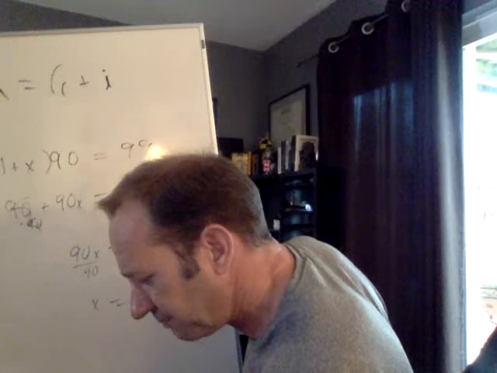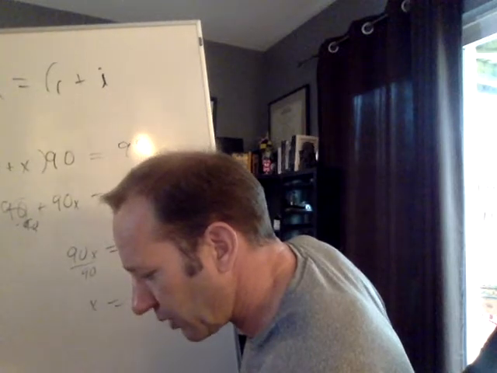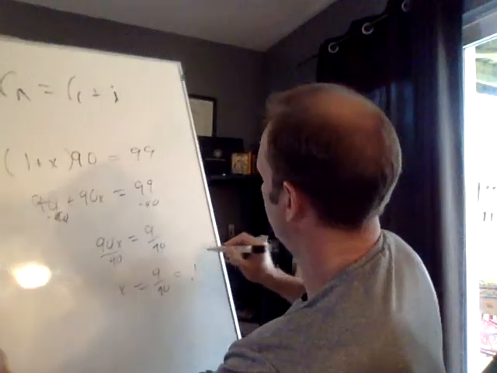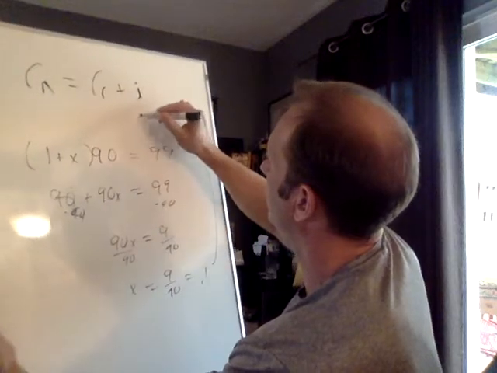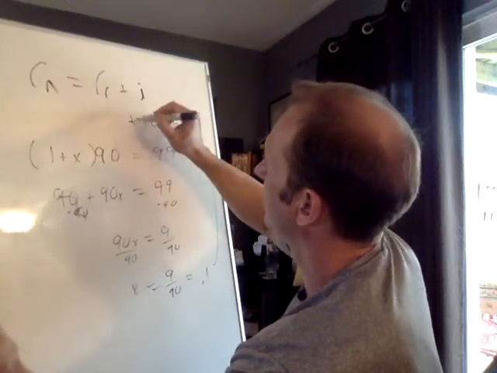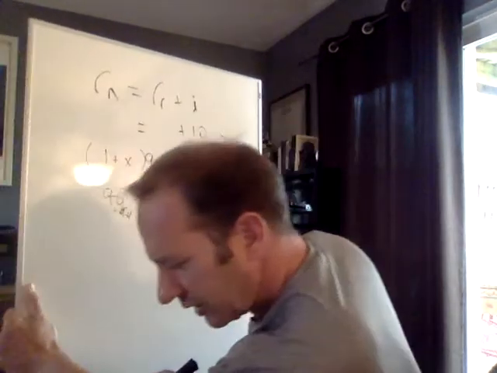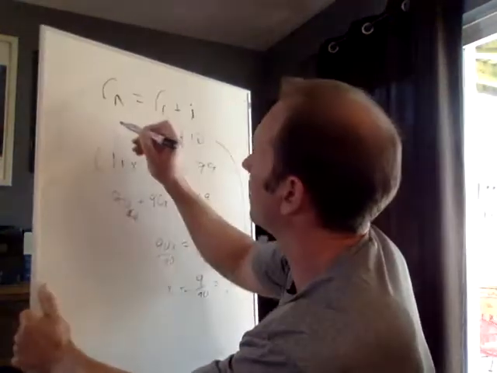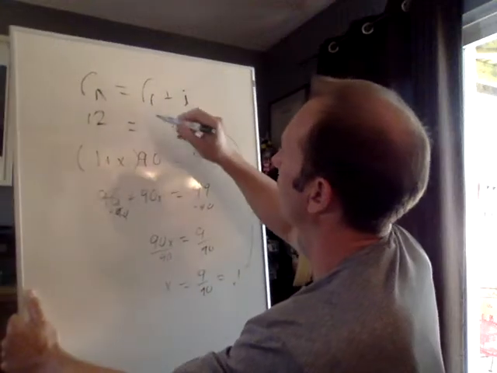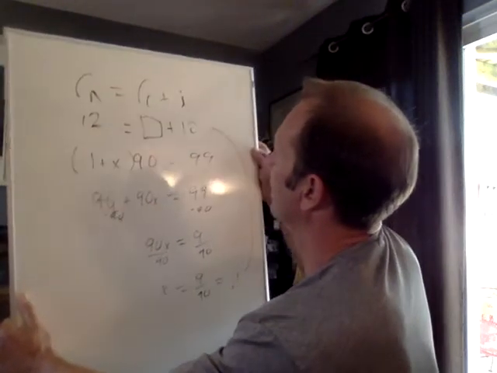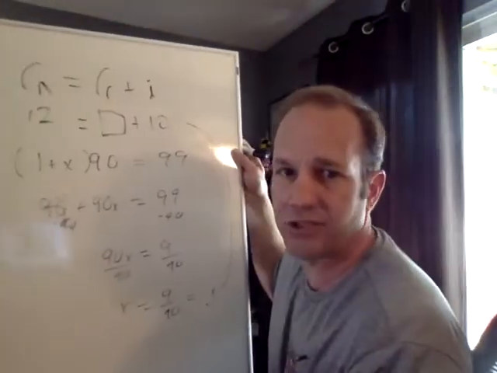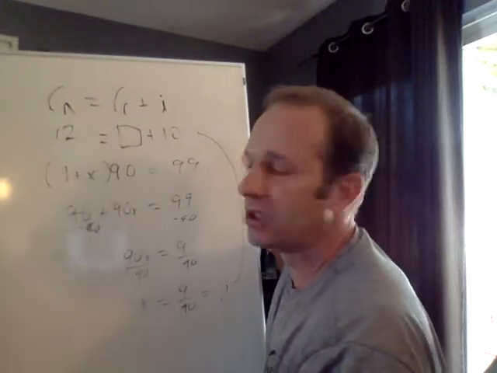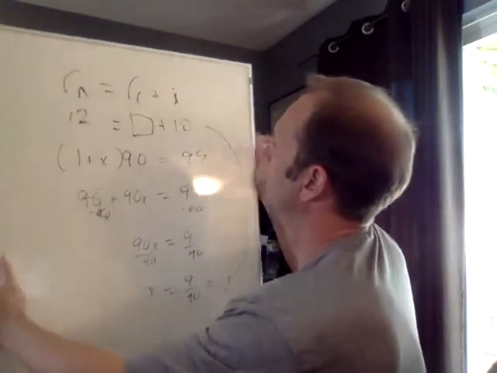And then we were told, using this here, if this is 10%, we were told in this case that the nominal interest rate is 12%. So we're missing this blank. What plus 10 is 12? 2.